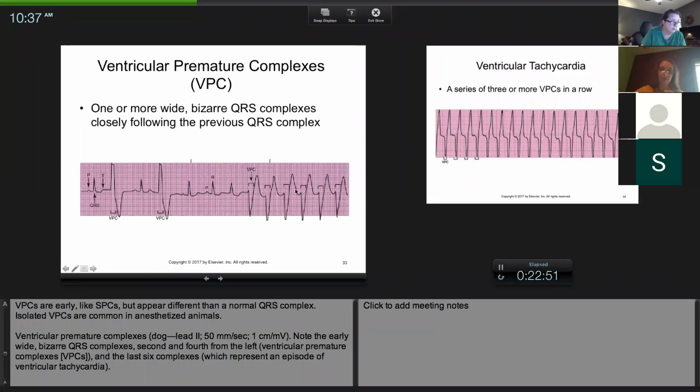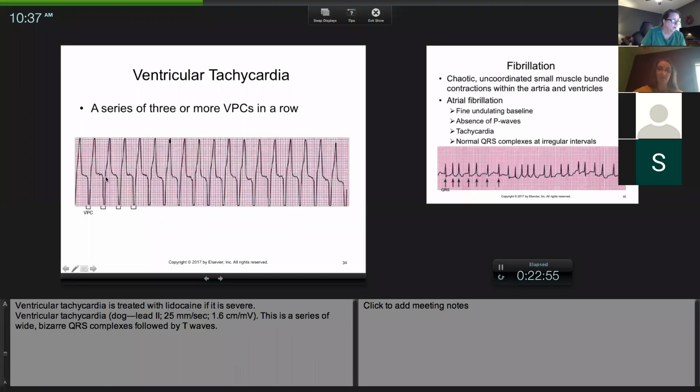You could get runs like this, and if you got this, it's ventricular tachycardia, which is typically treated with lidocaine.